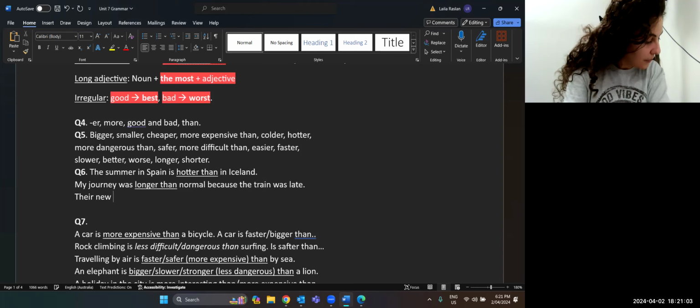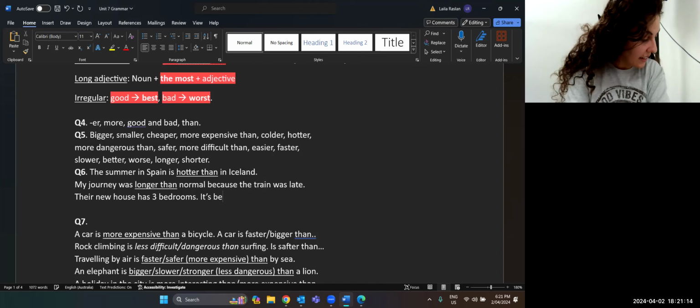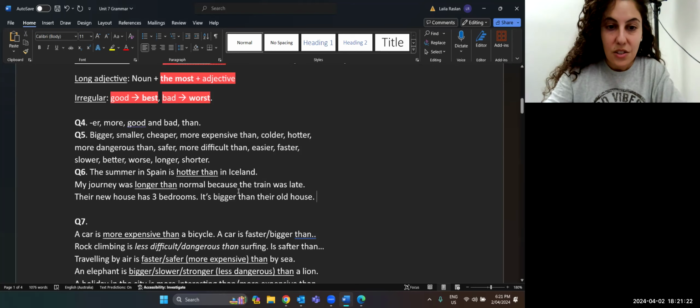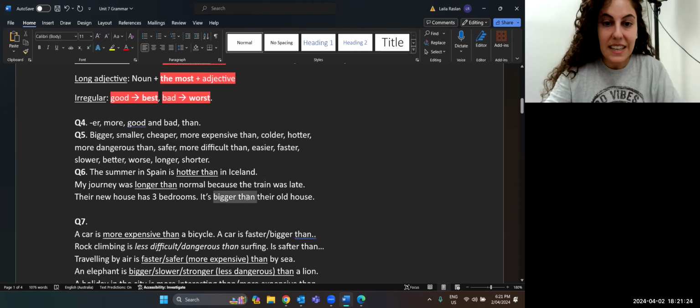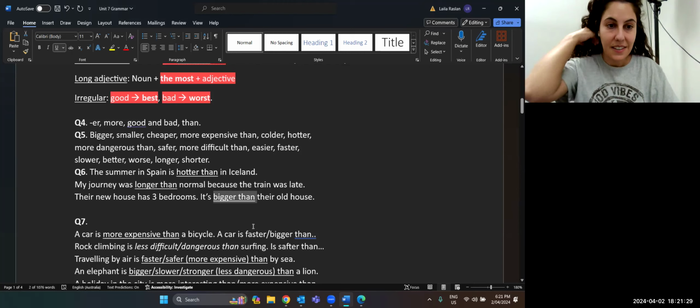Their new house has 3 bedrooms. It's bigger than their old house. It has 2. So their new house is bigger than their old house.